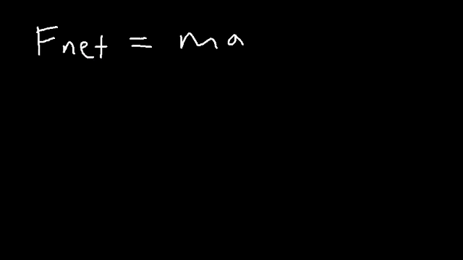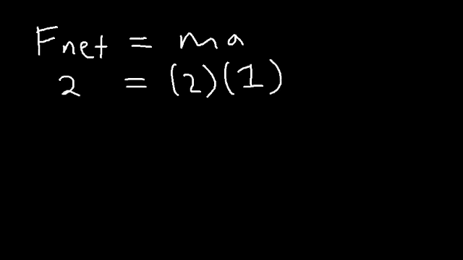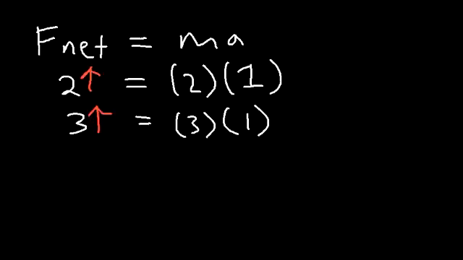To answer these questions, simply plug in the values. If you double the mass, replace it with 2. If the acceleration is held constant, replace it with 1. So the force will increase by a factor of 2. If we triple the mass and keep the acceleration constant, the force will increase by a factor of 3. Now what if we double the acceleration and triple the mass?